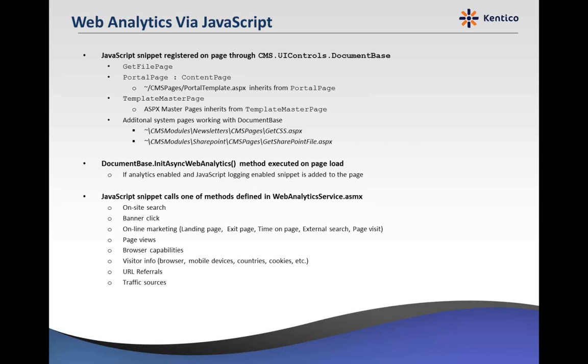The page view event is not logged right away. Instead, I'm adding JavaScript code and expecting a returning callback that invokes the actual logging. So there is one more request added to the processing.